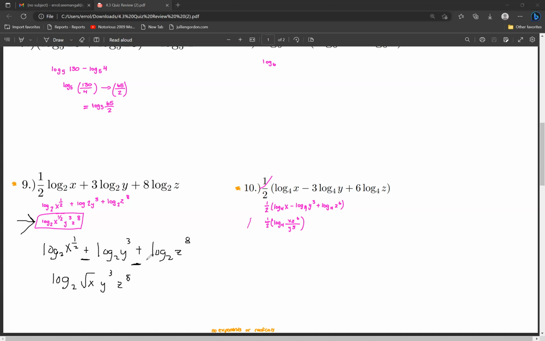I think so, yeah. It has the log properties. When we're dealing with logs and we have an addition sign in the middle like that, it's really multiplication. So this line right here, there's your multiplication: this times this times this. That's why you write it in one log.